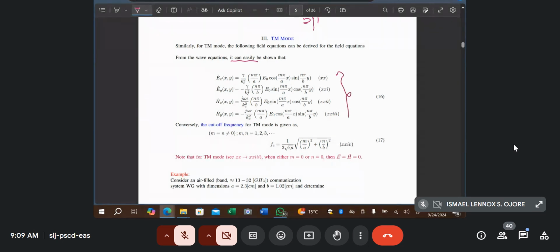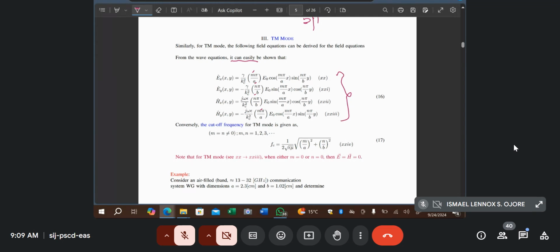But now you will see that there's a difference in the amplitude: for Ex we have m, for Ey n, for Hx n, for Hy m.